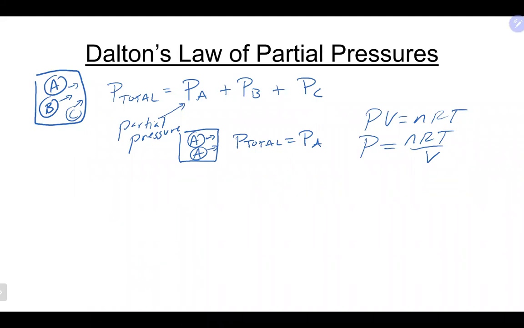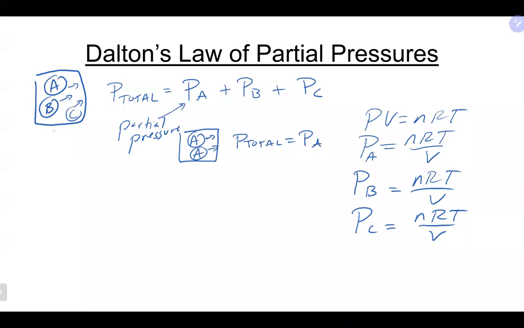So what that does is it makes you able to use the ideal gas law in my example here for each gas separately. So you could do the ideal gas law in my example here 3 times, one for gas molecule A, one for gas molecule B, and one for gas molecule C. Now, there's a couple of good things about them all being in the same container.